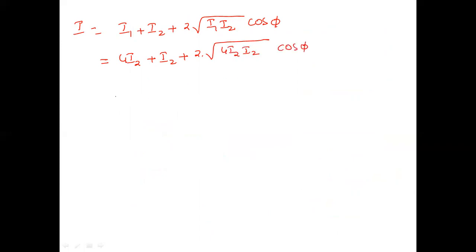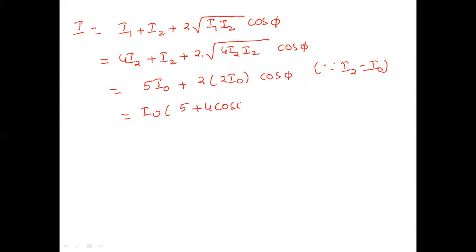Since I consider I2 as I naught, we can write it as 5I naught plus 2 into 2I naught cos phi. So I naught times 5 plus 4 cos phi. And I max I got as 9 I naught. So I naught is equal to I max by 9.